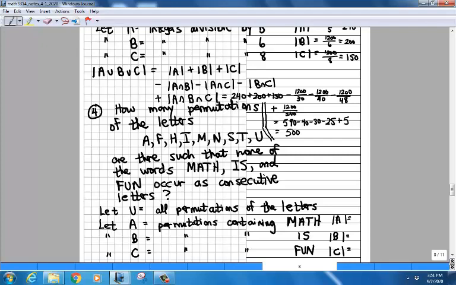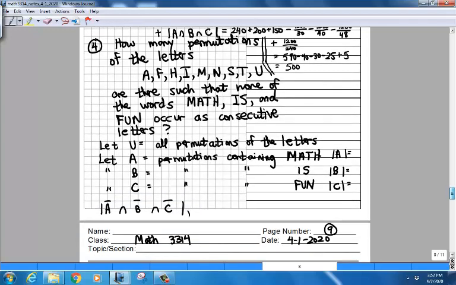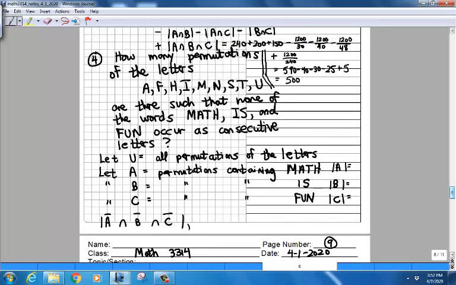All right, so here's how we're going to think of this problem as a problem of complements. Watch this example, because this logic is going to get repeated in some of our later examples. First I'm going to choose my universal set, since I'm solving this with complements. So I'm going to let U be the set of all permutations of these letters.